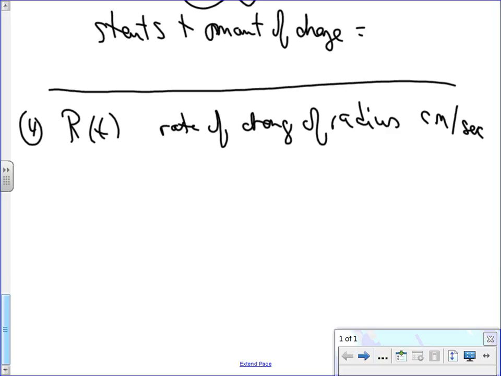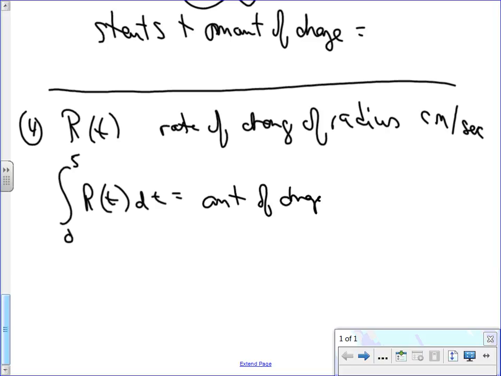So if I take the antiderivative of R of t from 0 to 5, what will that tell me? Amount of change in the radius. So this is we're going to plug in what it actually is. How much the radius changes, amount of change in the radius.